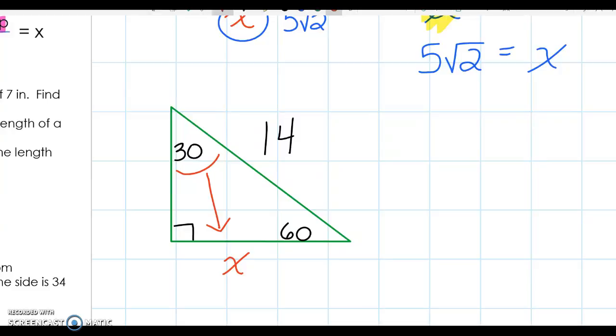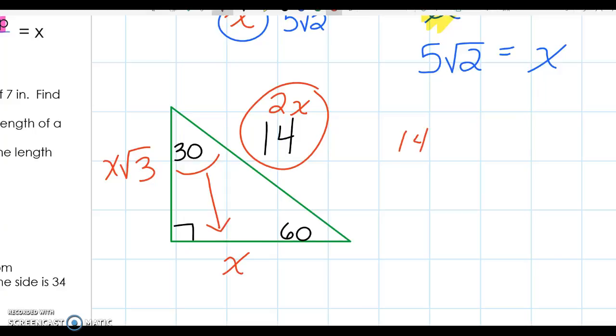Your adjacent leg to the 30 is x square root of 3, and then your hypotenuse is 2x. So take a look at the side that they gave you. They gave you the hypotenuse, which is 2x. So if I want to solve for each of the other sides, I'm going to take that hypotenuse and divide by 2 in order to just get x.